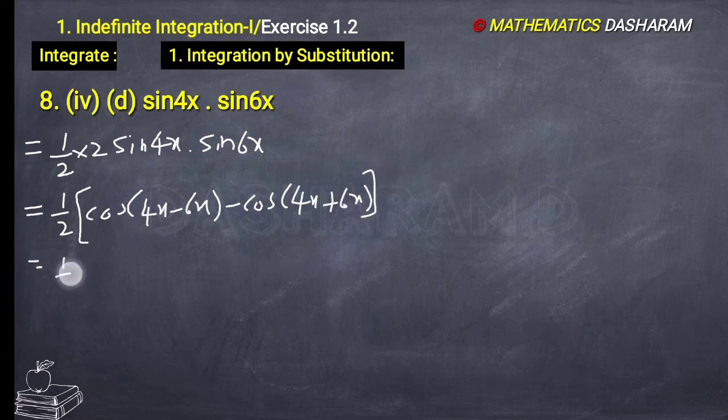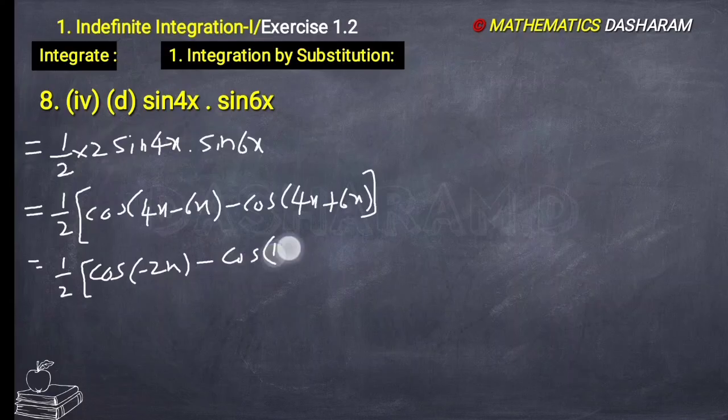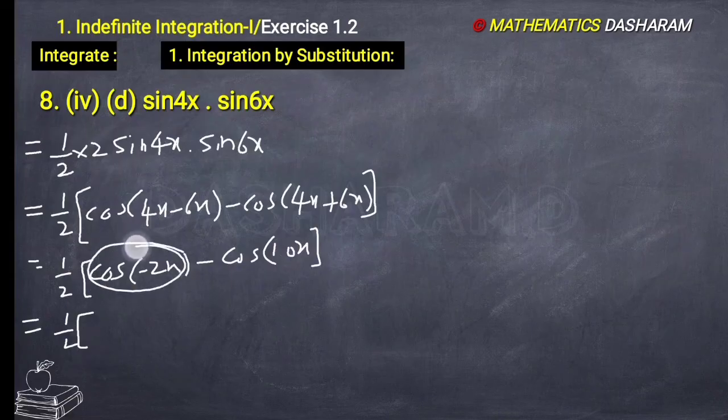It is equal to 1 by 2 bracket of cos 4 minus 6 is minus 2x, minus cos 4 plus 6, 10x. So 1 by 2 cos of minus 2x is what?